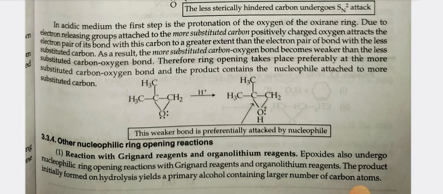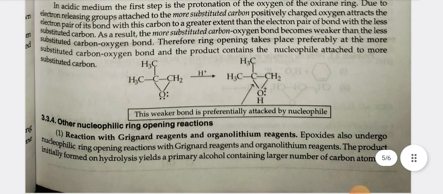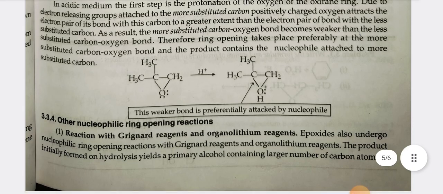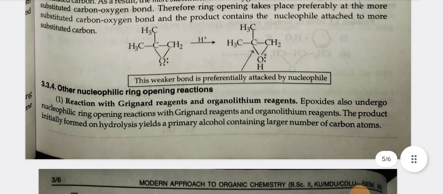As a result, the more substituted carbon-oxygen bond becomes weaker than the less substituted carbon-oxygen bond. Therefore, ring opening takes place preferably at the more substituted carbon-oxygen bond, and the product contains the nucleophile attached to the more substituted carbon. The weaker bond is preferentially attacked by the nucleophile.